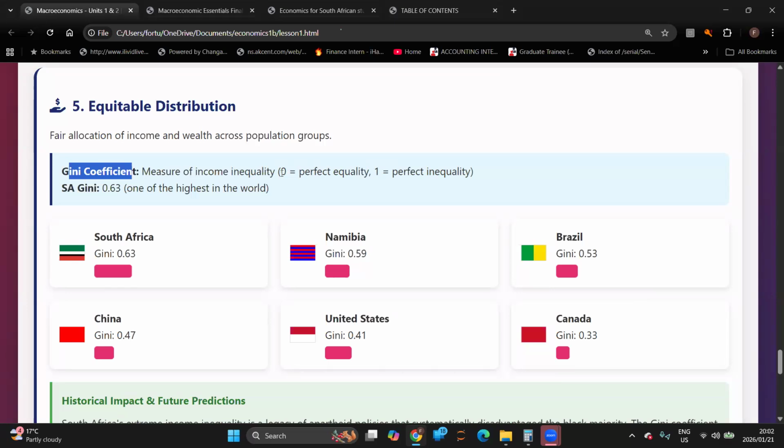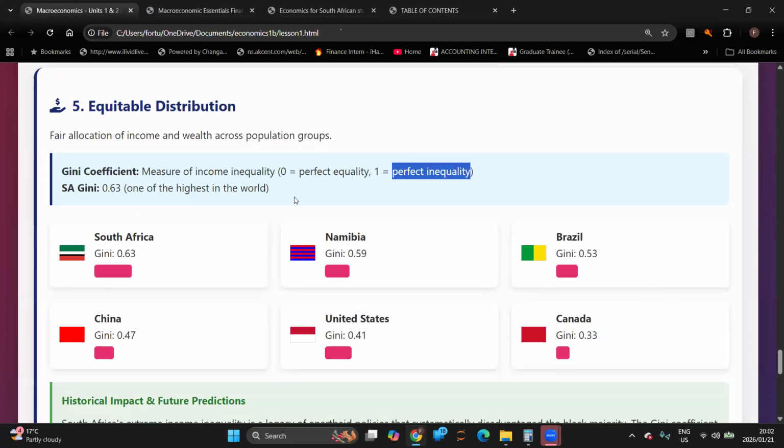So the higher the statistic towards 1, remember it's a decimal between 0 and 1, the closer it is to perfect inequality, which is the red zone, what you do not want, because it indicates that much of the economy's resources or wealth are held by only 10% of the population, or less than 10% of the population.